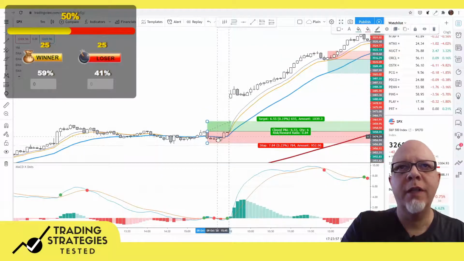Would have been no trade in this case, would have exited where we entered, and it's therefore not a winner or a loser, so just ignoring it.